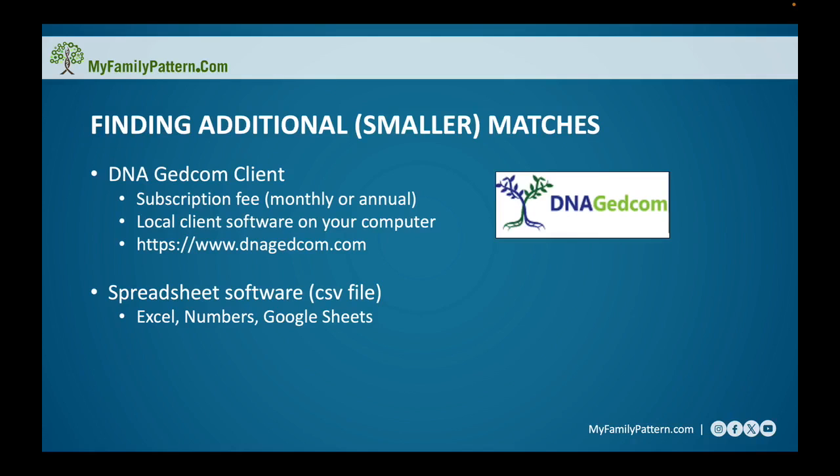So let's go look into the DNA Gedcom Client. I'll show you how I gather those matches, how I analyze those matches, and what I discovered and how I found that 9 centimorgan match.